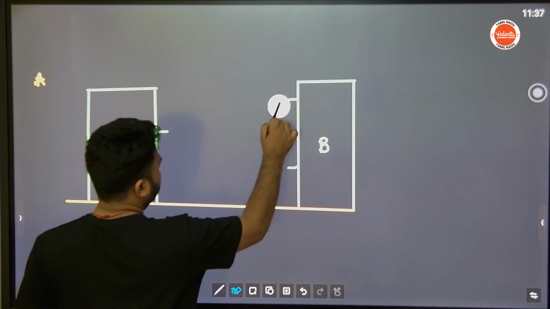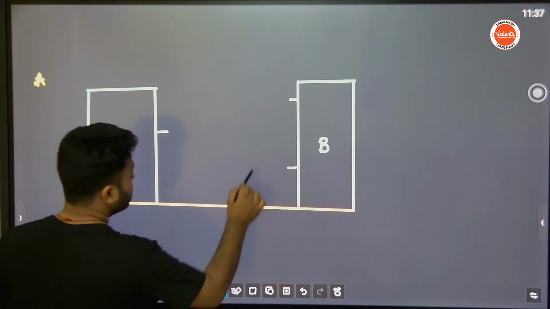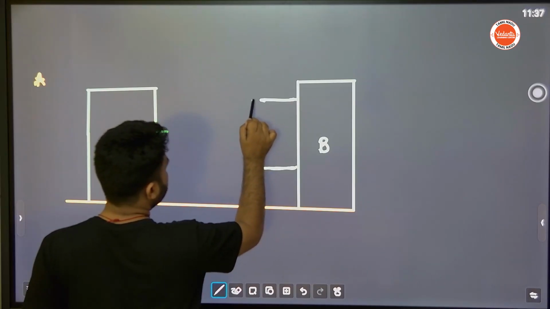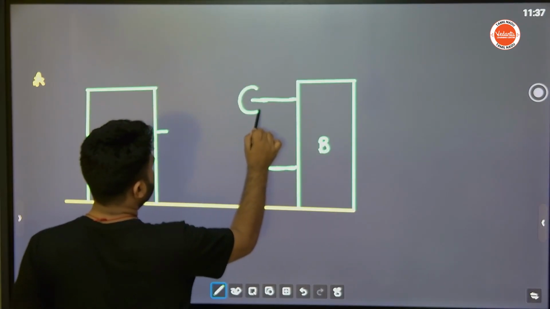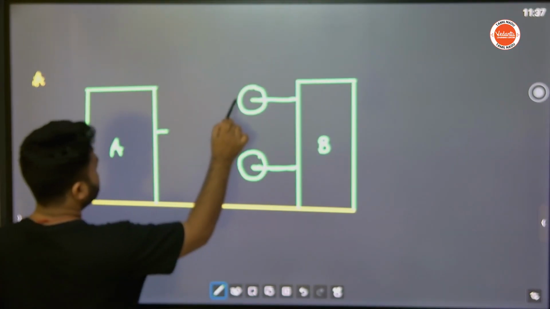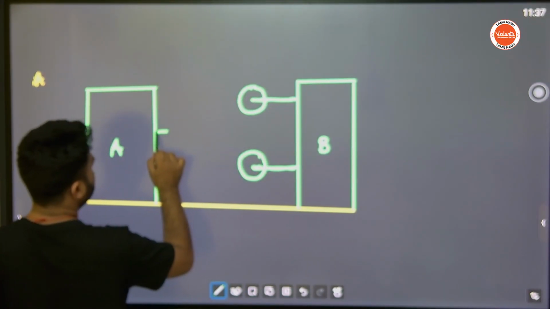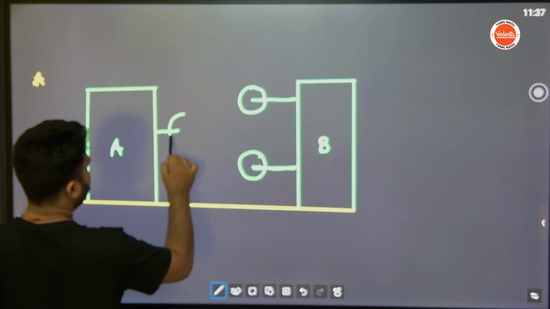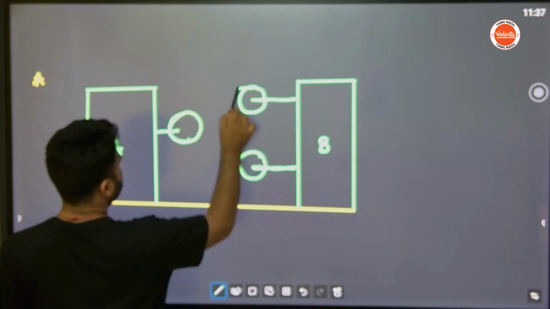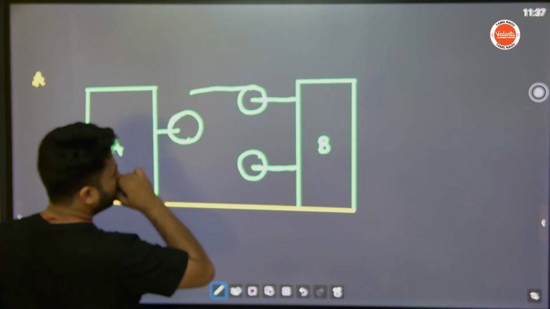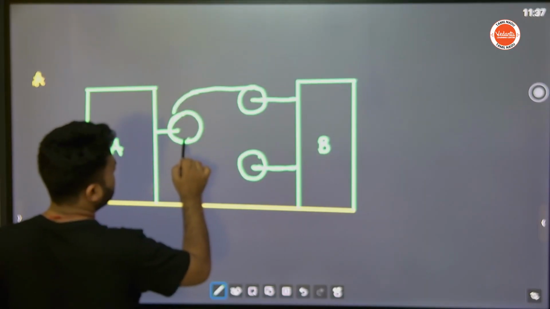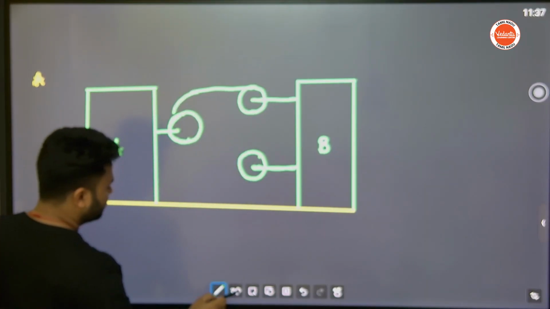Let me draw a little bit more clearly. Or wait.